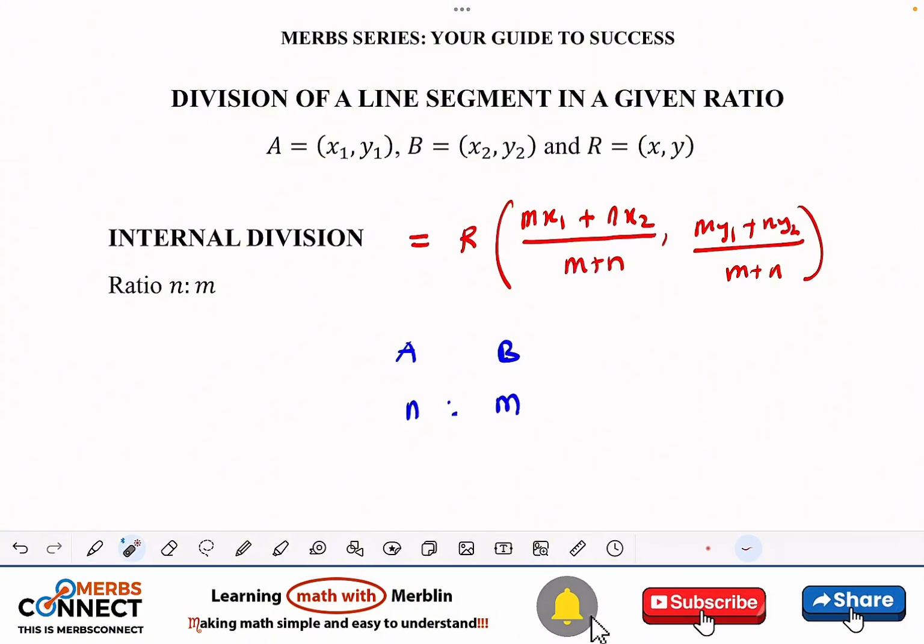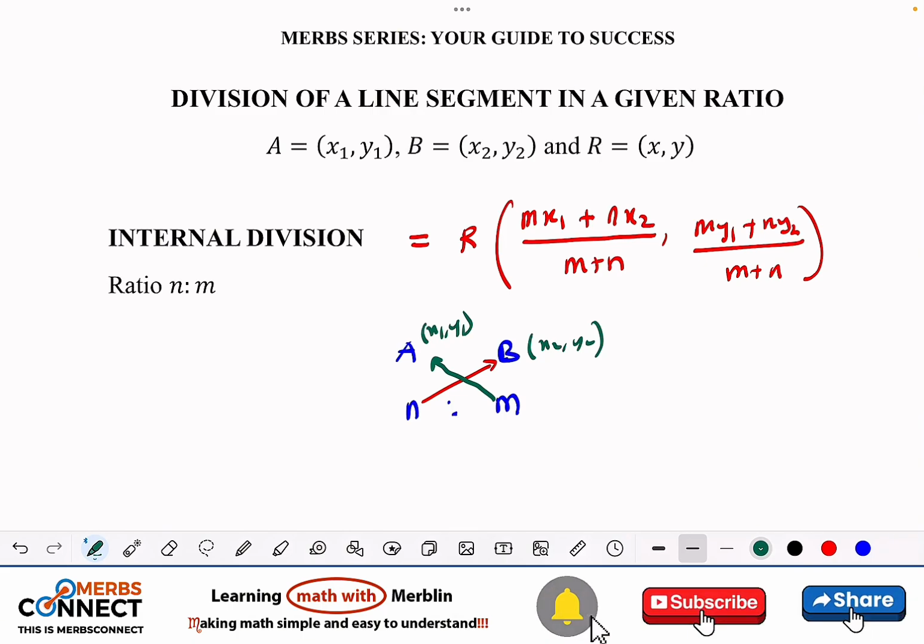You can see that the n is multiplying the x2 once, so this one is going with the second point. And then our m is also going with the first point. So this was x1, y1, and this one was x2, y2.